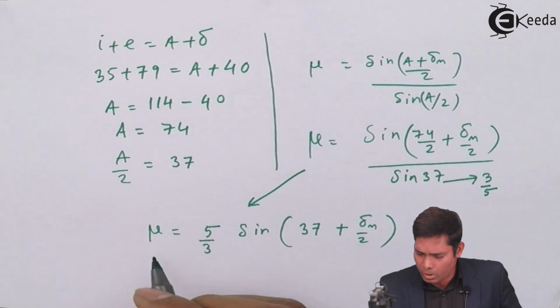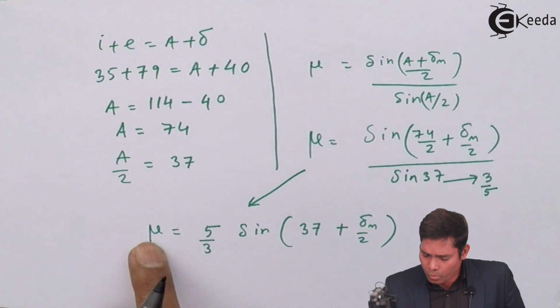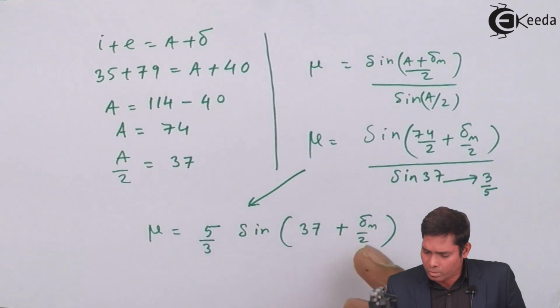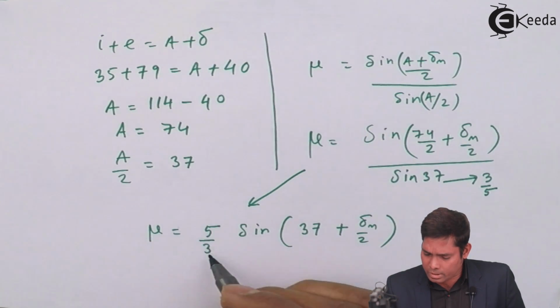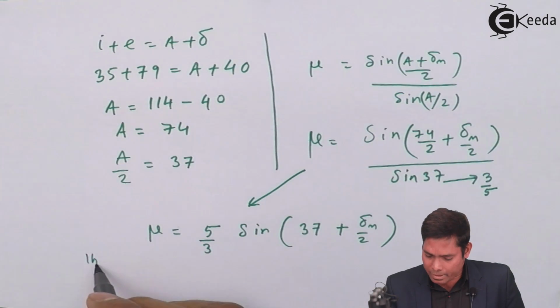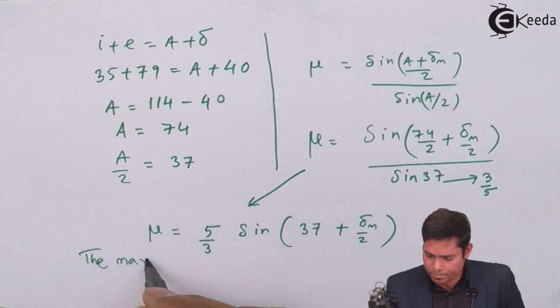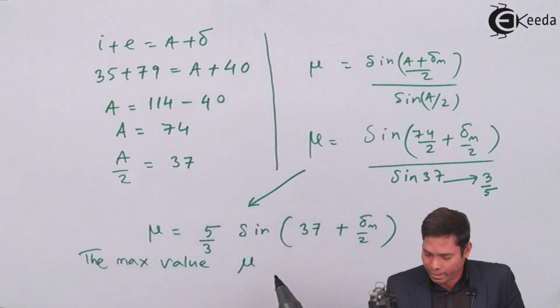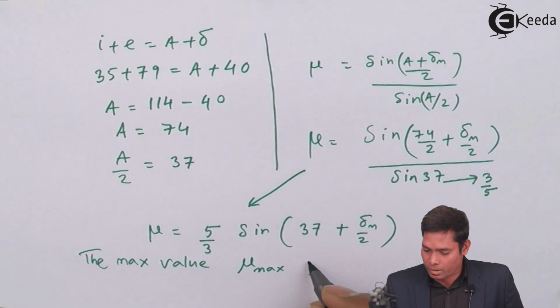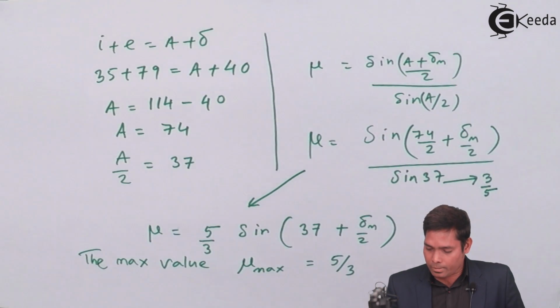The maximum value of mu depends on, you can see, it should be 5 by 3, the maximum value. Mu max will be maximum, it will be 5 by 3.